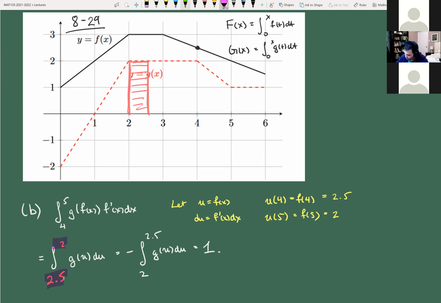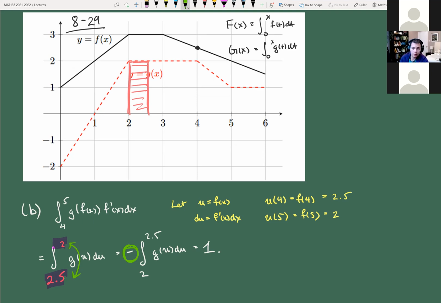So I'm going to flip these around. But when I do that, it comes with a price, and that price is that I have to throw that minus sign in front. That's where the minus sign came in. I put the minus sign in front, but then I get to flip the bounds of integration. Now I'm in a position where I can compute this pretty handily, because I just look at the graph and examine what it is from the graph. Okay, cool.